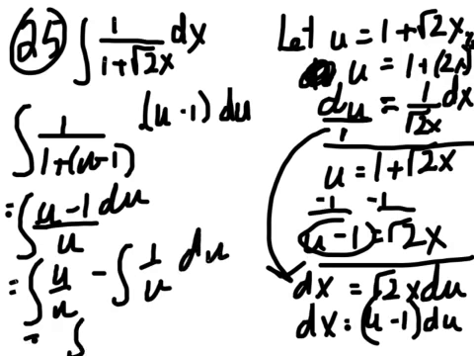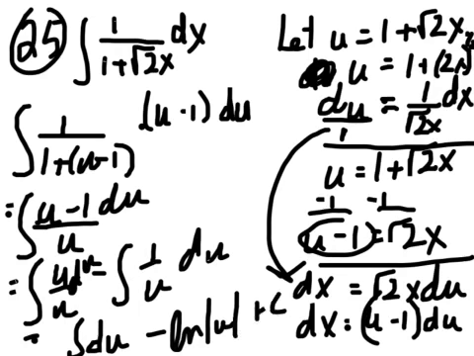Well, u over u is just 1. I should put a du with both of them. So the integral of 1 du is just the integral of du, which is just going to be u, minus the integral of 1 over u, which would be ln u plus c.